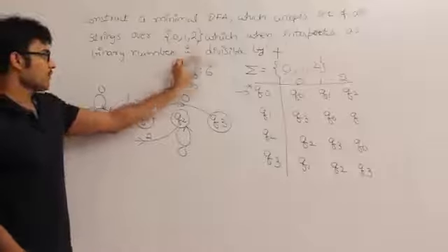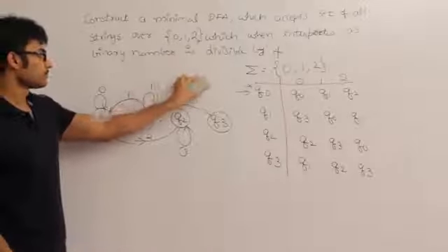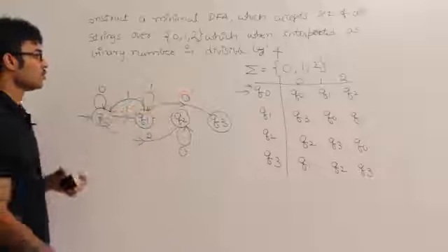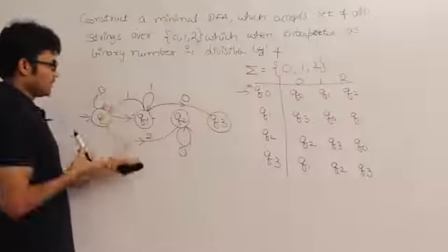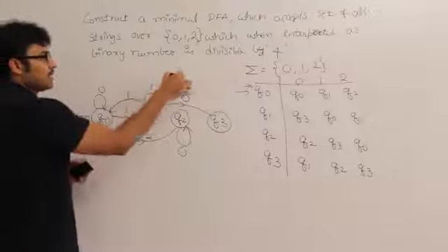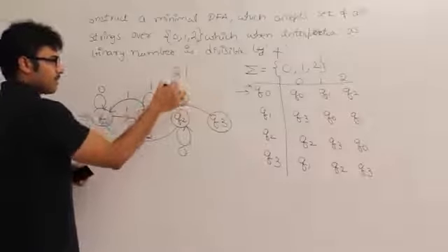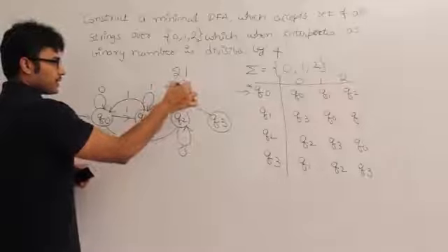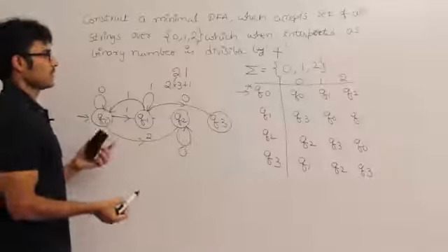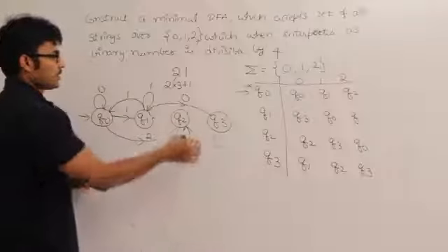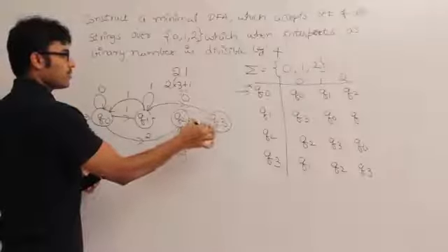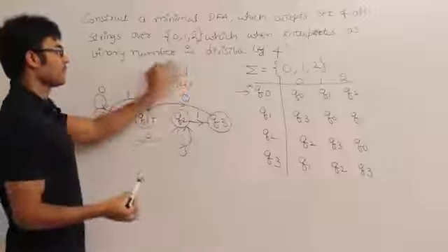Now if I am in Q2, I will see a 1. After seeing 2, I might see a 1. Then it is 2 into 3 plus 1, which is equal to 7. So 7 when divided by 4 will give a remainder of 3. Therefore on 1 I will be going to Q3.